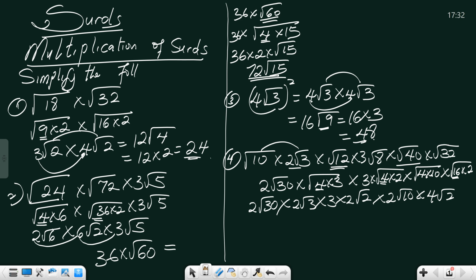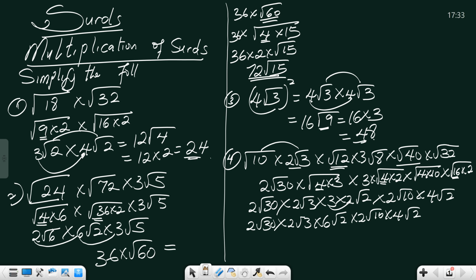Okay, let's see. What do we have? Here we give me 2 root 30 times, okay, here is 2 root 3. 2 times 3 here, that is times 6 root 2. And here, what will I have? I have times 2 root 10 times 4 root 2.